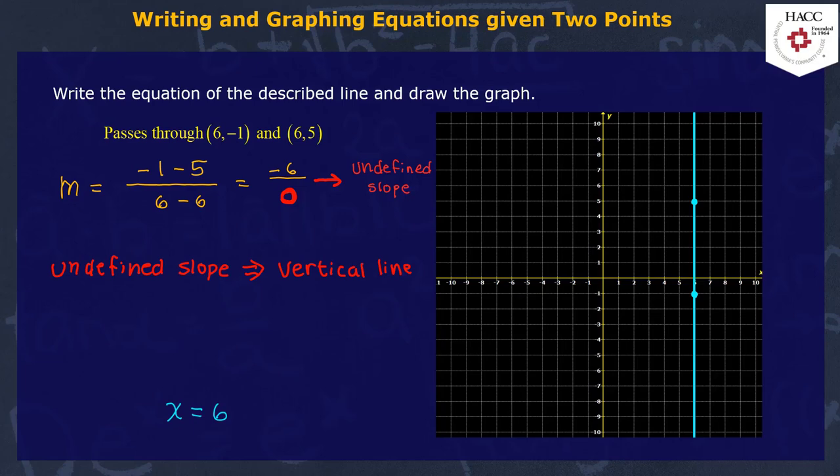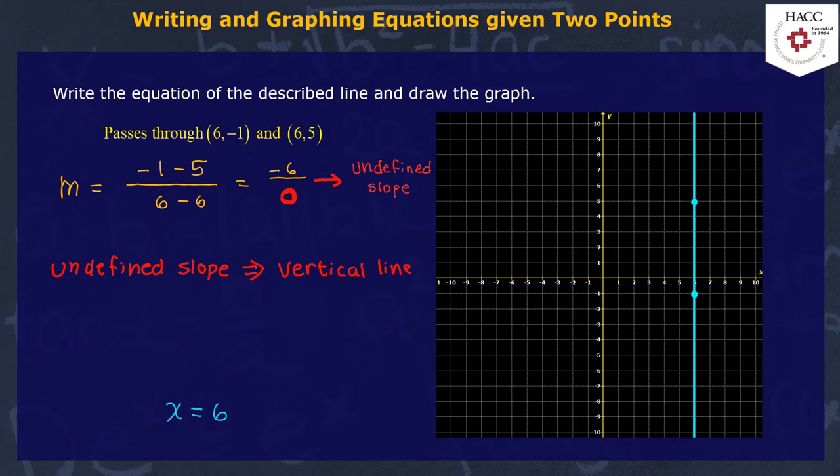So I know at this point it is a vertical line, and once I know it's a vertical line, either by graphing, noticing that they have the same x coordinate, or getting to a point where I calculate the slope as being undefined, any one of those three are acceptable ways of coming to that conclusion, then I know I have to write it in the correct format.